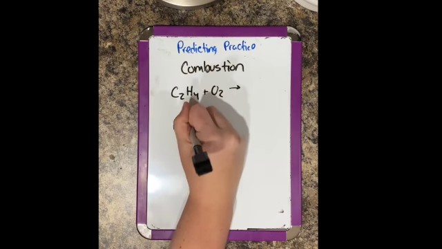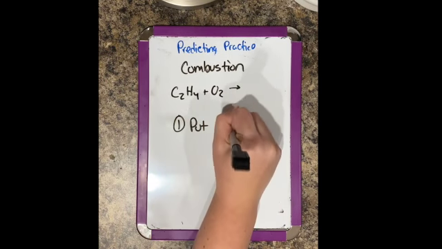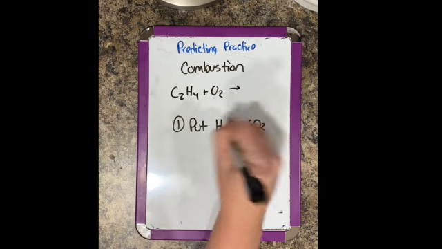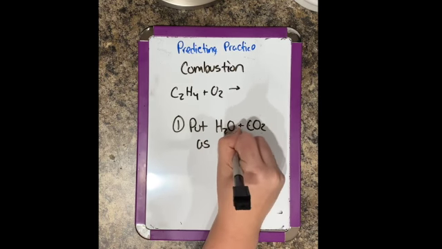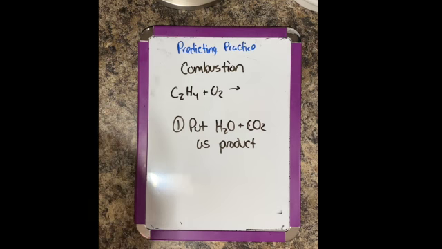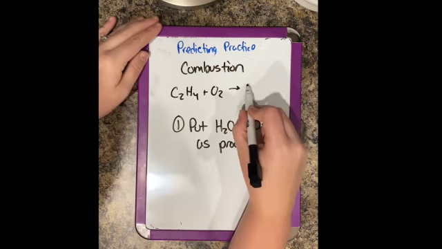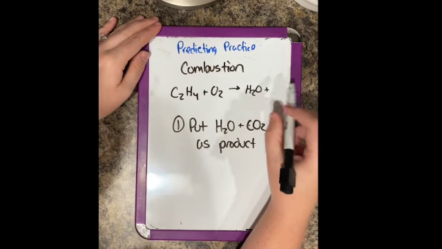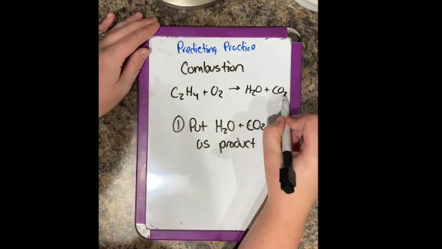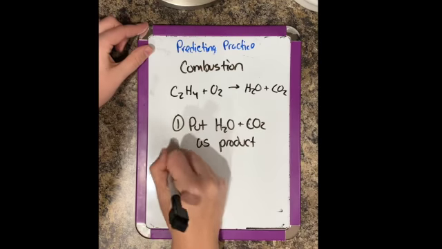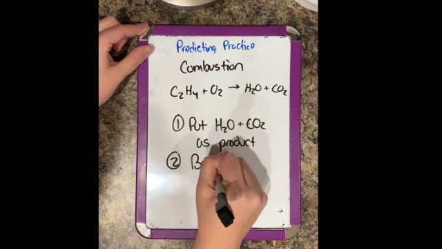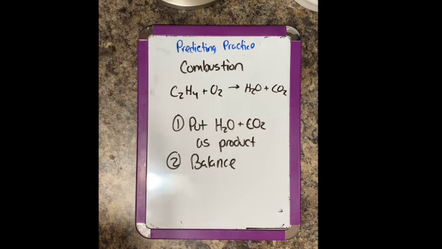Step 1, put H2O plus CO2 as product. There's no crisscrossing. There's no looking at charges. You just need to know that every single time you put H2O plus CO2. Step 2, you balance it. That's it. That's all you have to do with combustion.